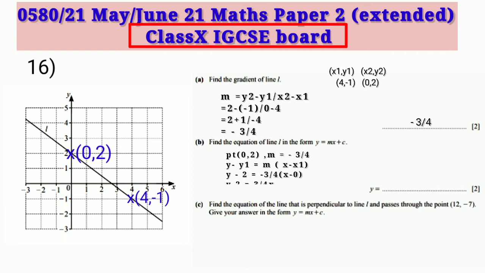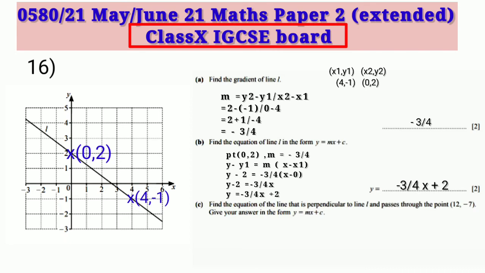We will substitute the values of x1 y1. We have y minus 2 equals minus 3 by 4 (x minus 0). That will give us y minus 2 equals minus 3 by 4 x. 2 we shift to the right side. We have the equation of the line as y equals minus 3 by 4 x plus 2.